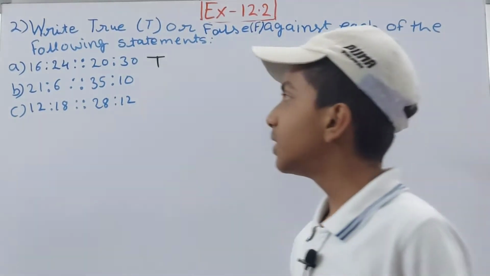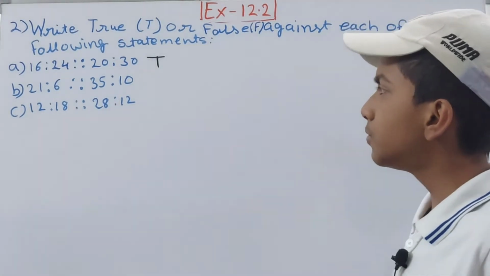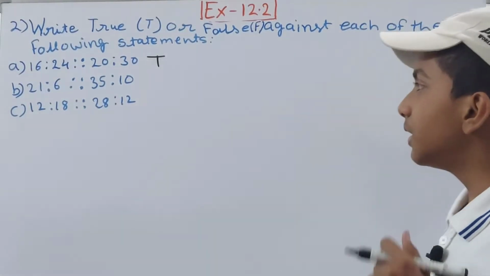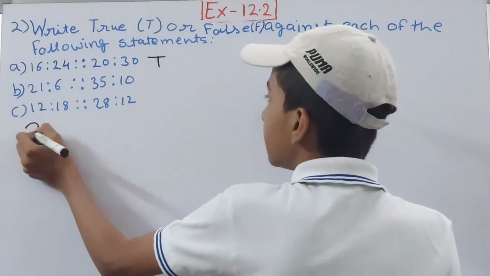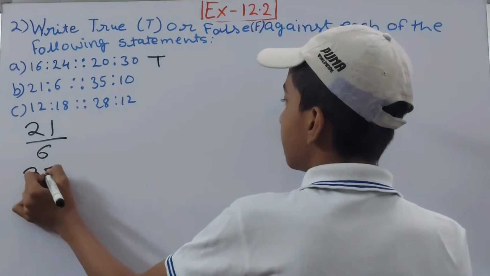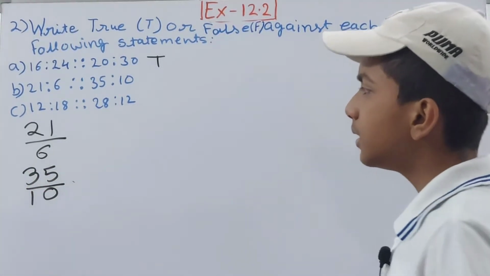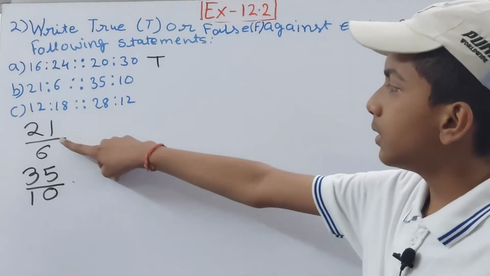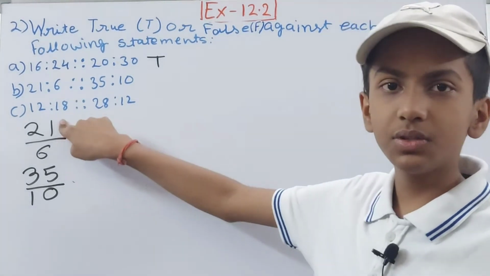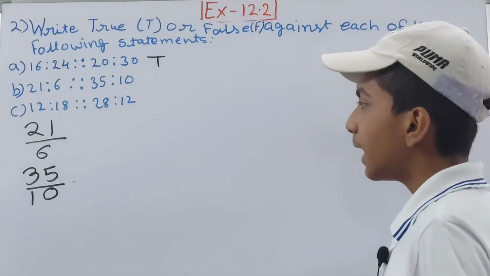Now next statement is 21 is to 6 as 35 is to 10. Here the first ratio will be 21 upon 6 and the second one will be 35 upon 10. So 21 upon 6. Is 21 divisible by any number? Yes, it is divisible by 3 as well.